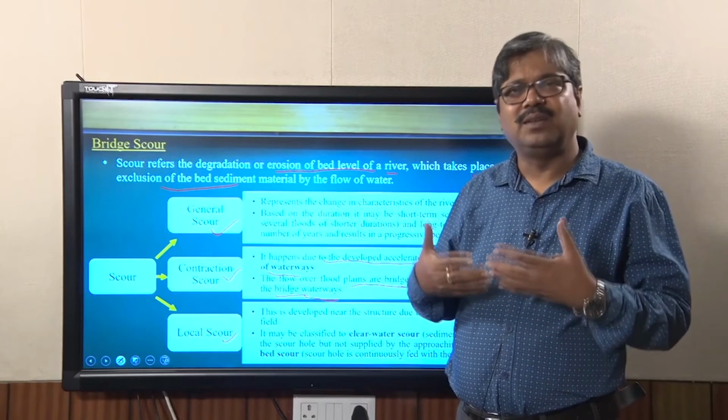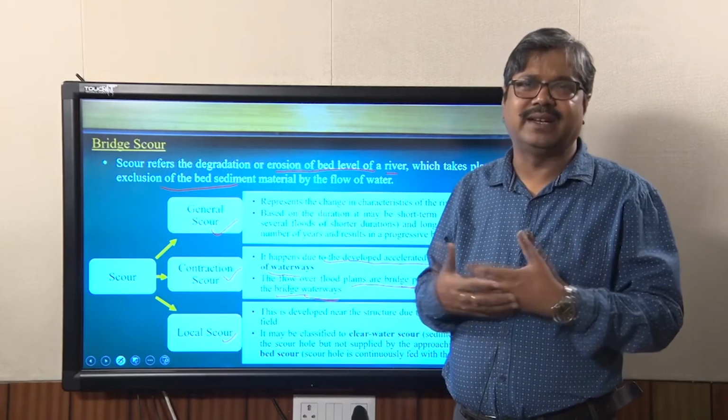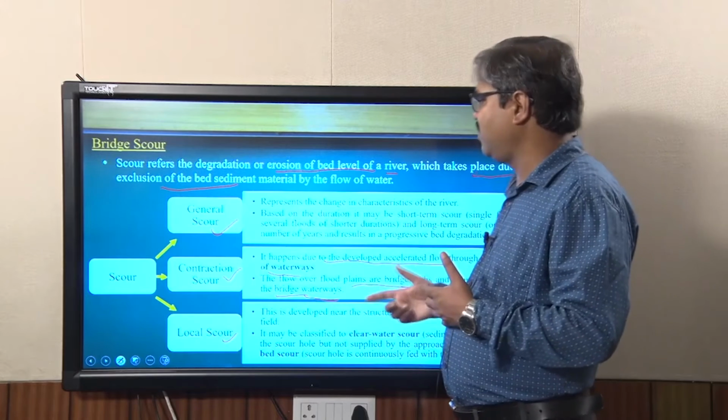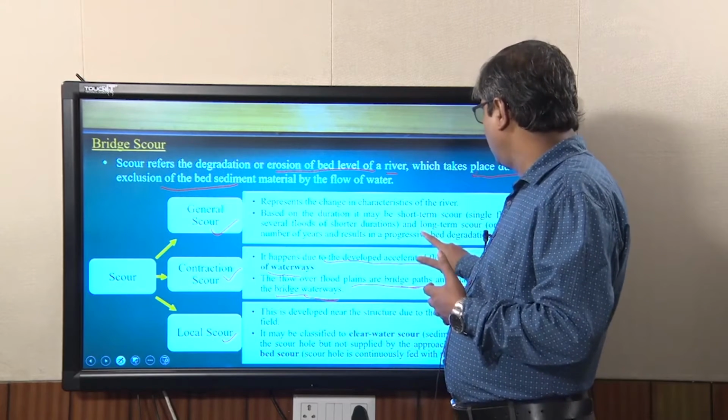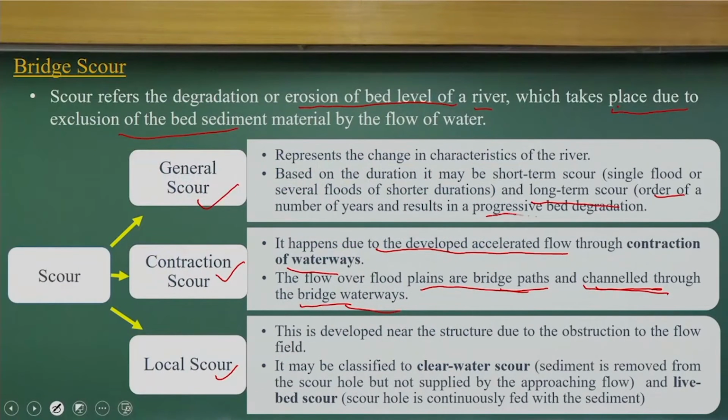Based on the average aggradation or degradation rate, we can quantify what the long term scour could be, which will be progressive bed degradation. For example, it may be 5 centimeters per year as a degradation rate, so bed levels are lowering at the rate of 5 centimeters per year.